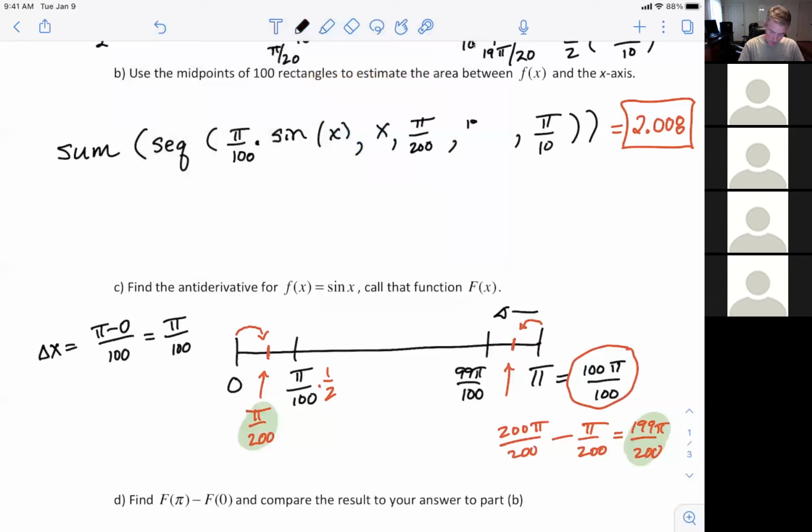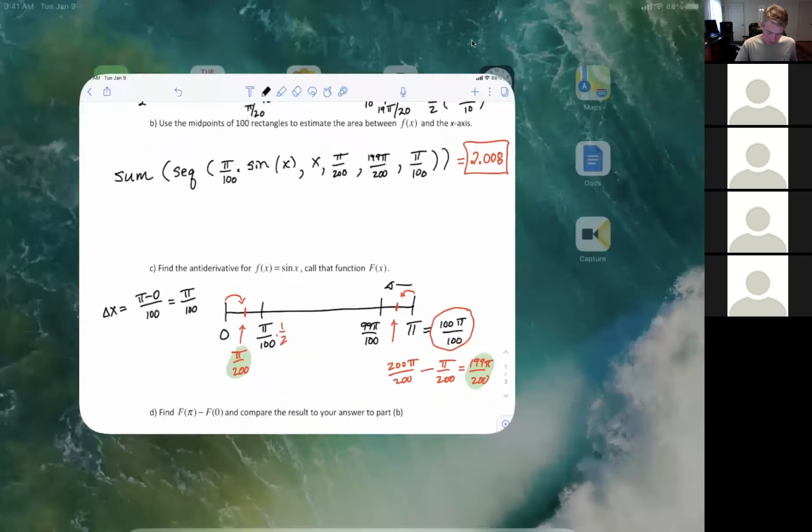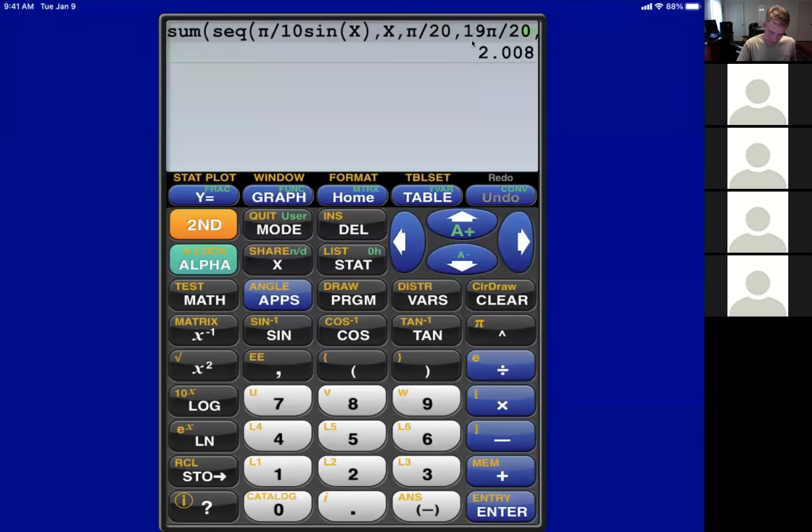Stop at 199 pi over 200. And the delta x is pi over 100. And then go back to the calculator. Usually what I do is screen grab it and change the numbers.